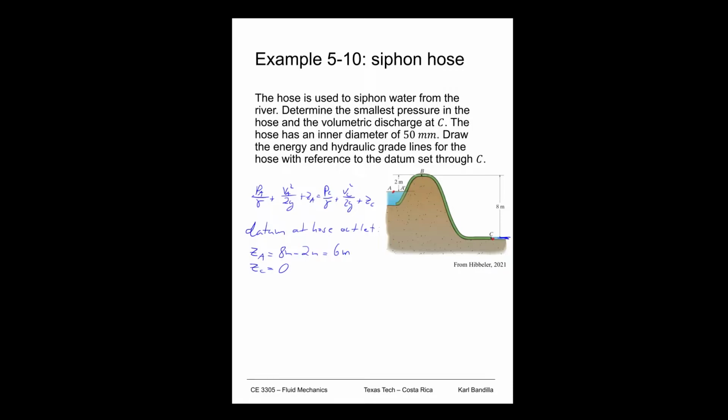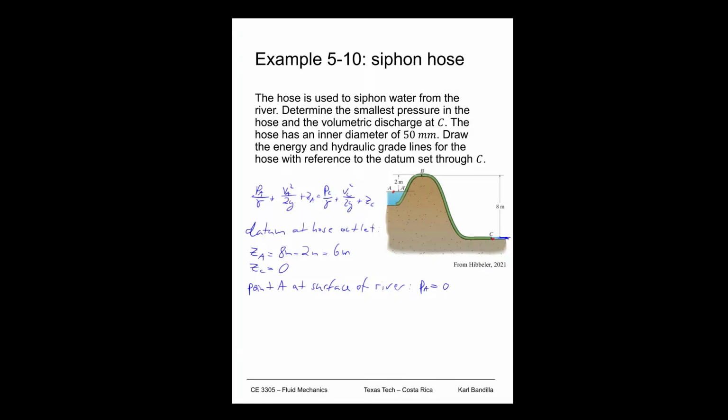What else can we say? Maybe the pressures, right? So we see that both point A is at the surface as well as C is at the atmosphere. So we can say, maybe we'll start just with point A. Point A at surface of river. That means it's in contact with the atmosphere, right?